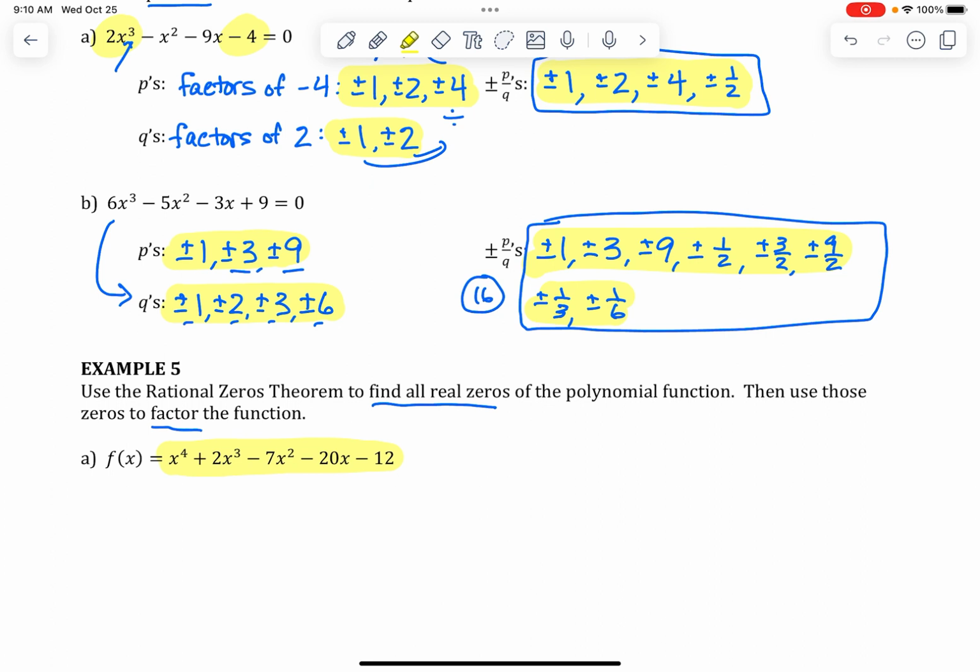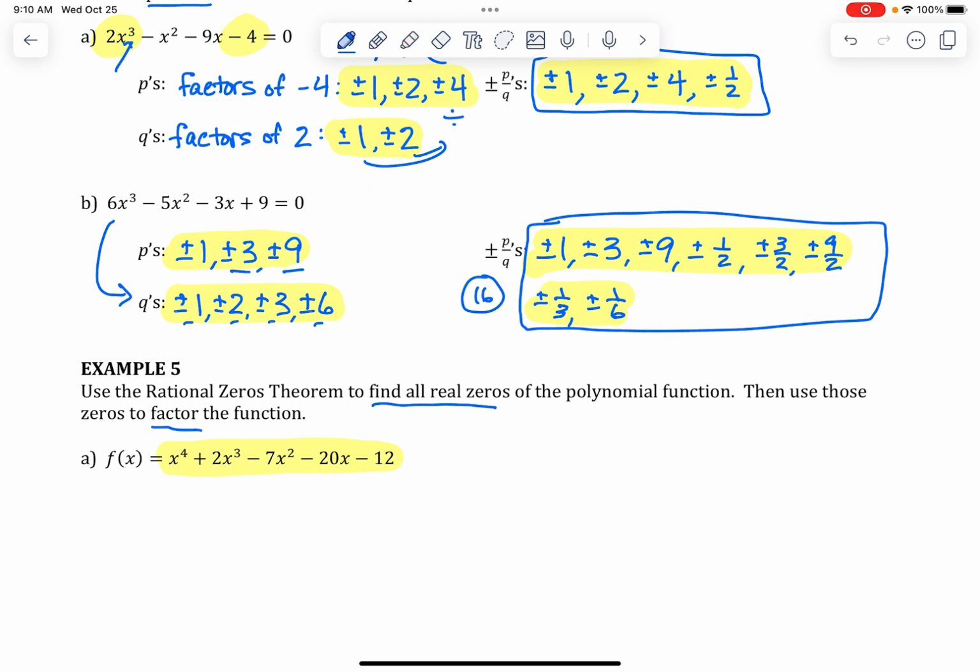But anytime you get above a quadratic, unless it's a special case like a difference or sum of cubes or a difference of squares that happens to be a fourth degree, there aren't really a lot of ways to factor. So by using the rational zeros theorem and synthetic division, we can factor any polynomial.